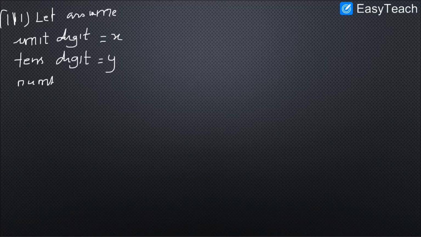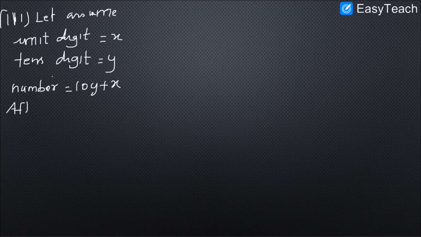Then how do we write the number? For the unit digit I write x, for the tens digit I write 10y, because the tens digit is always multiplied by 10. So the number equals 10y plus x. This is the actual number.